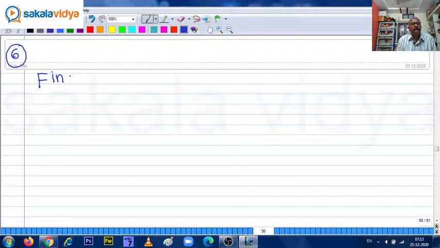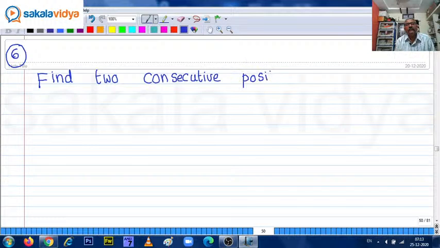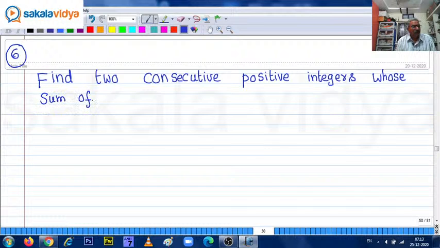Find two consecutive positive integers, sum of whose squares is 365.